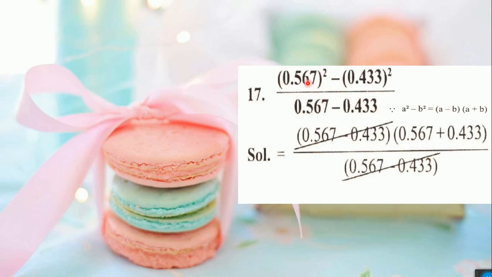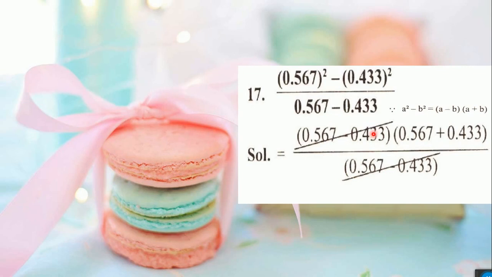So open this a square minus b square form. It is a minus b into a plus b. So when we open this, we will write this a minus b and a plus b form. That is (0.567 minus 0.433) into (0.567 plus 0.433), and write the denominator as it is.